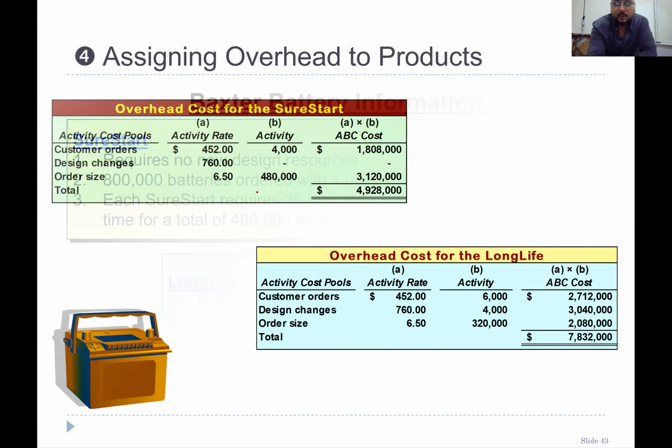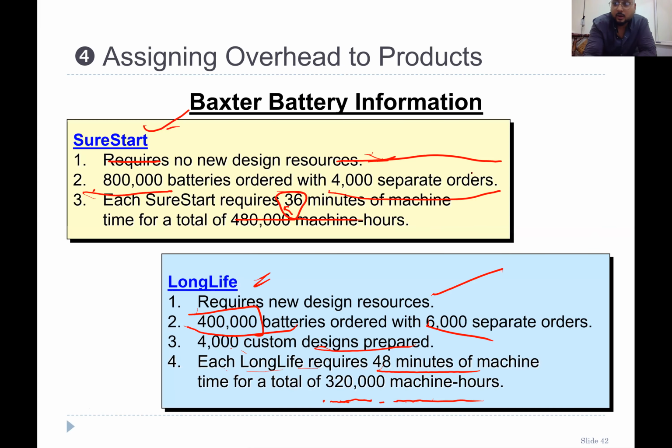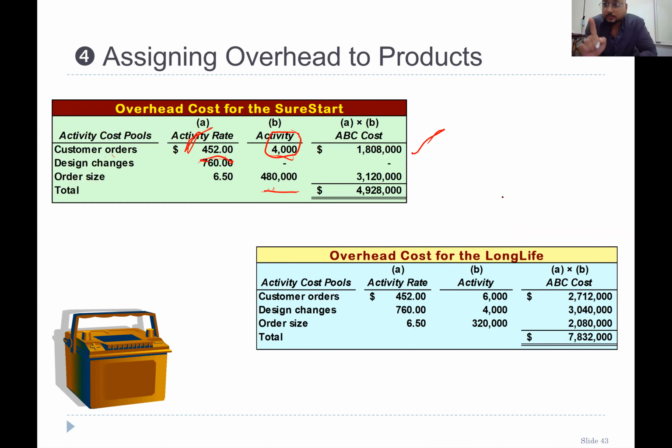So 6.5 multiplied by 480,000. The answer is going to be 3.12 million. Do we have to write down the customer relation? We don't have any information regarding the customer. Just orders are given, so no customer relation is there. So that's it. Total ABC overhead cost for short start is 4.928 million.